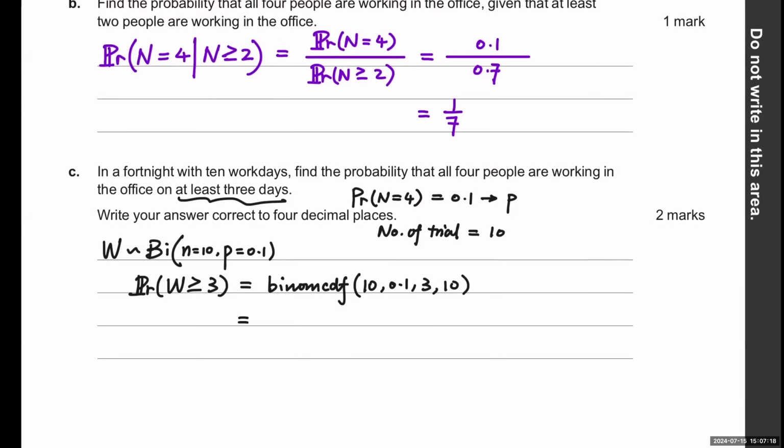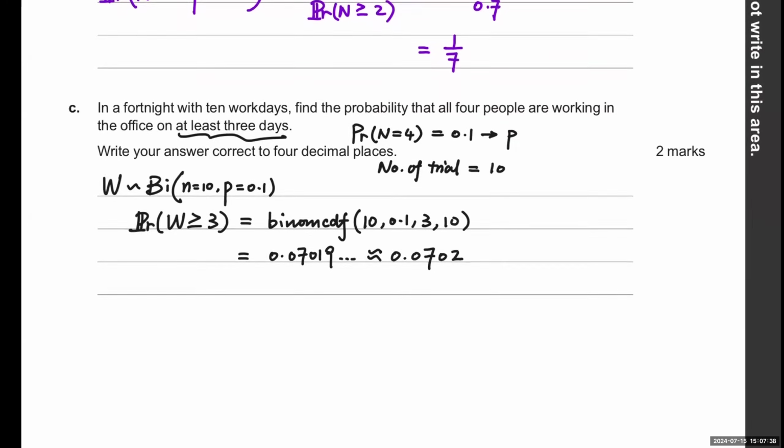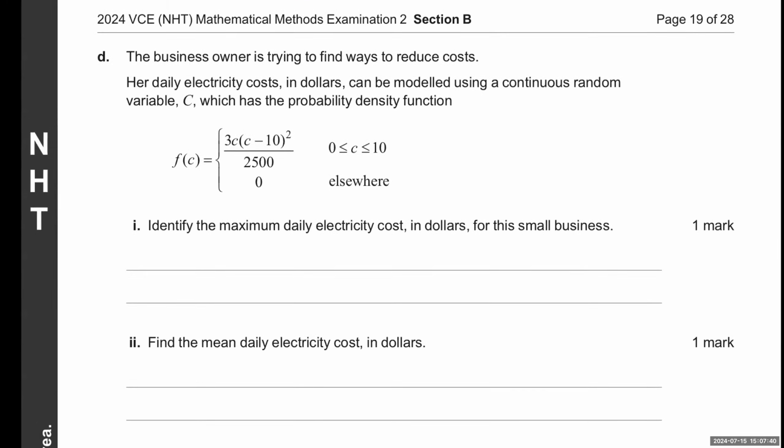So if I trust my CAS calculator, I should be able to get 0.07019 to 4 decimal places. That's 0.0702. 1, 2, 3, 4. Yep, 4 decimal places. Okay, a nice binomial distribution question. And then we can look at the next one.